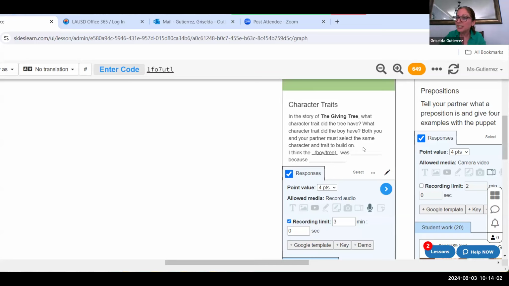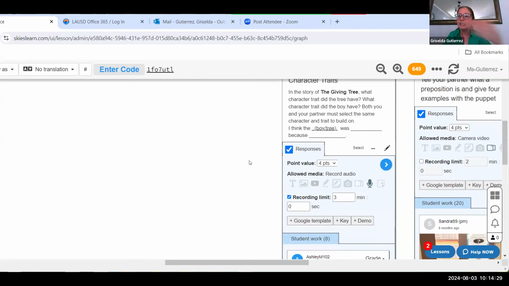And the other person couldn't talk about any other trait. They had to stick to the topic. We go back to talking and writing. You stick to the same topic, whether you agree with what your partner picked or not. You have to build on what they said, even if you think the character wasn't courageous. So the first person to talk would say, I think the tree was generous because, and then give the example.